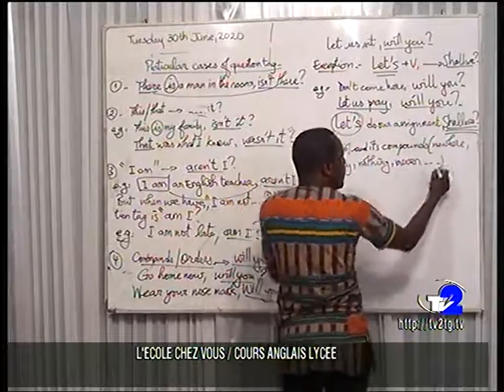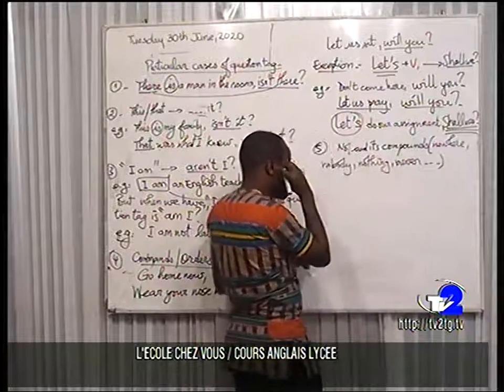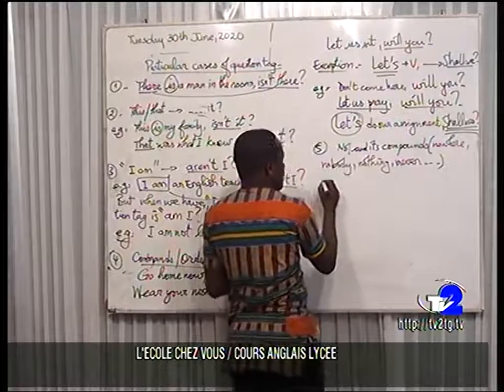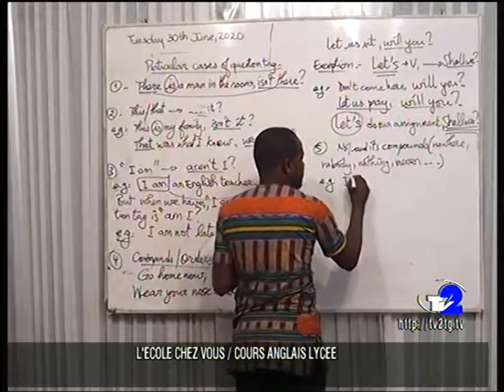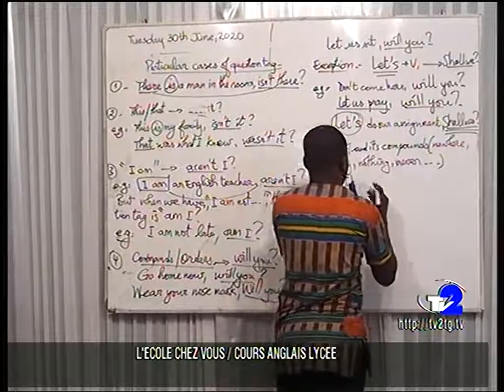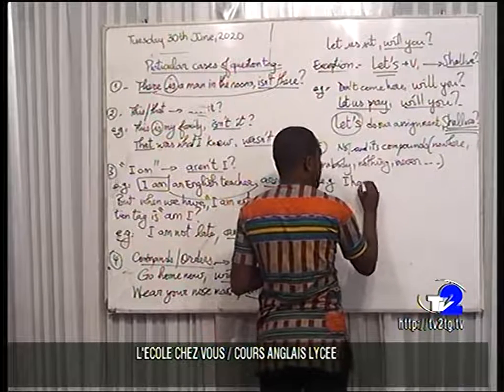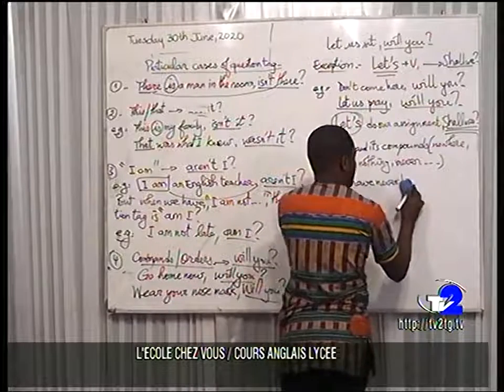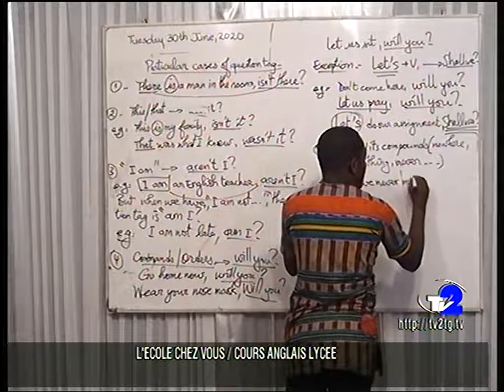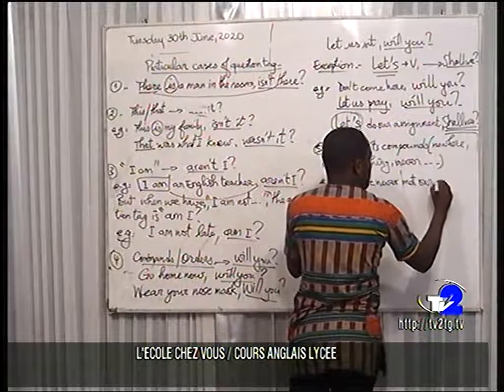When we have all this in a sentence, be sure that the sentence becomes negative. I have never met our president.